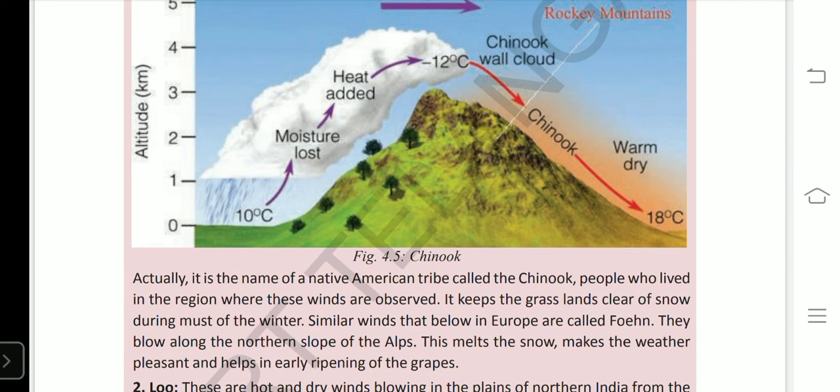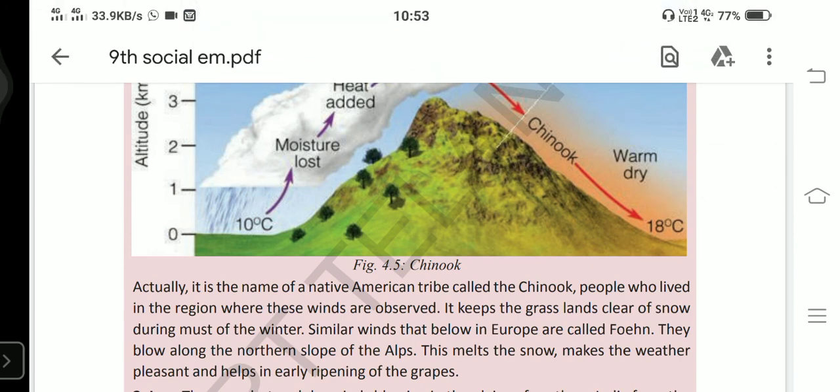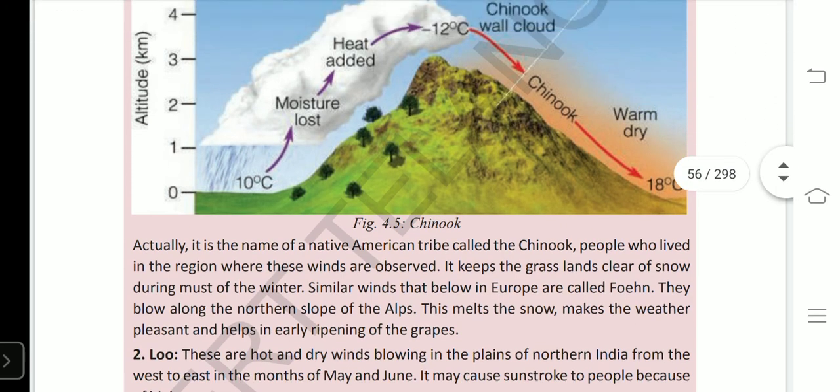Understand? Since the snow is removed, people called it the snow eater, Chinook, in their language. But actually, Chinook is the name of one local tribe.